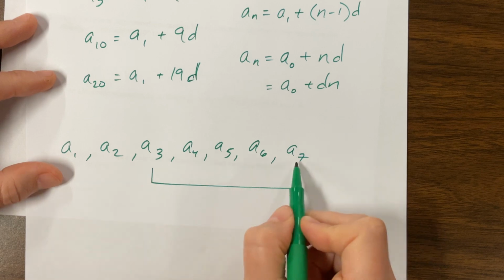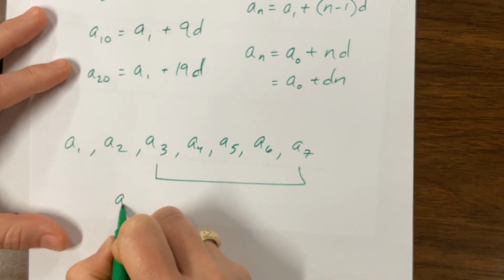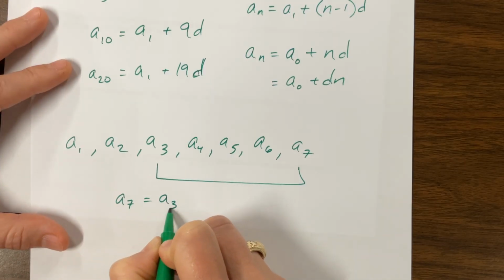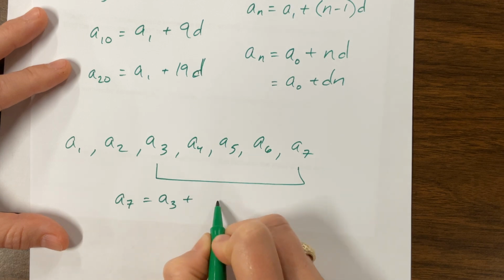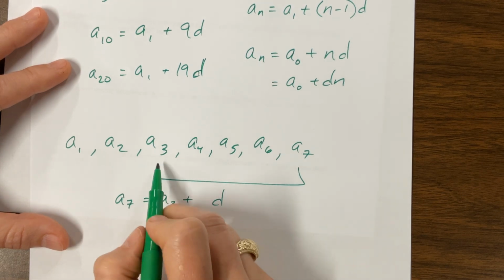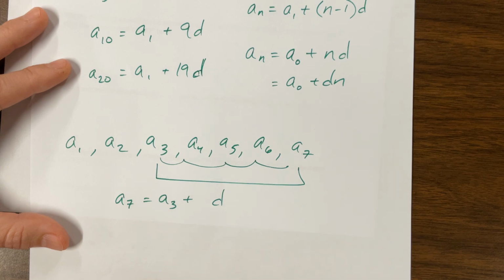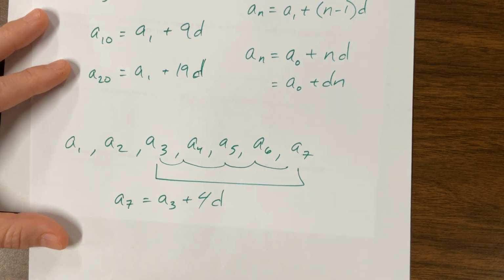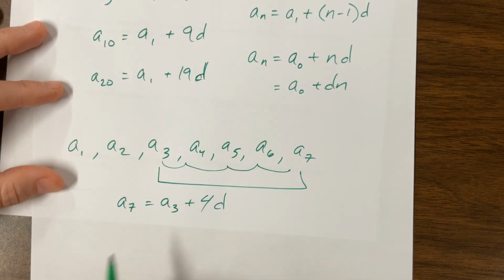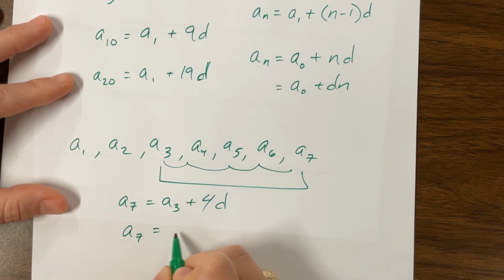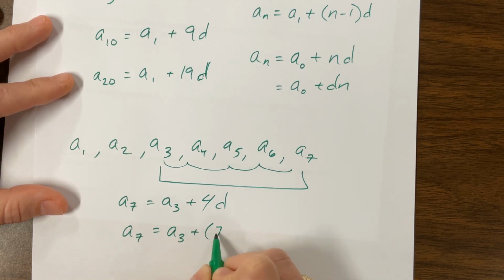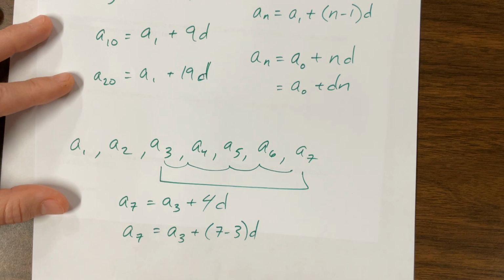I have A sub 3 and want A sub 7, so I have to add the common difference how many times? 1, 2, 3, 4 times. How did I get 4? Hopefully you see it's 7 minus 3. So A sub 7 would be A sub 3 plus 7 minus 3 times that common difference.